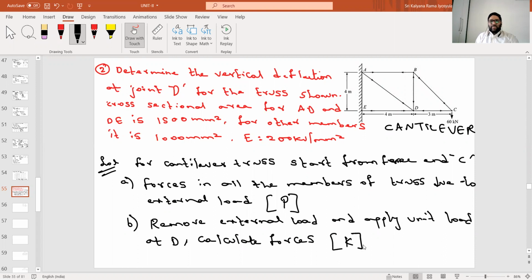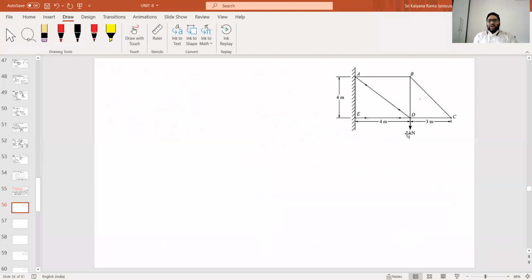This will give K. The unit load is 1 kilonewton at D.